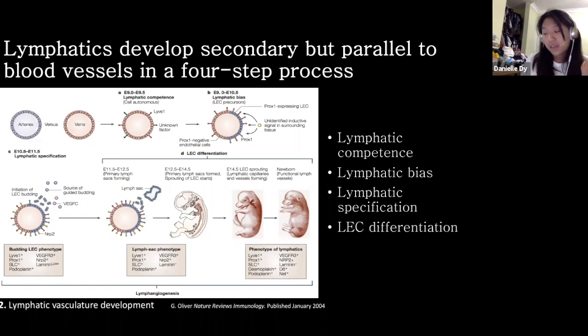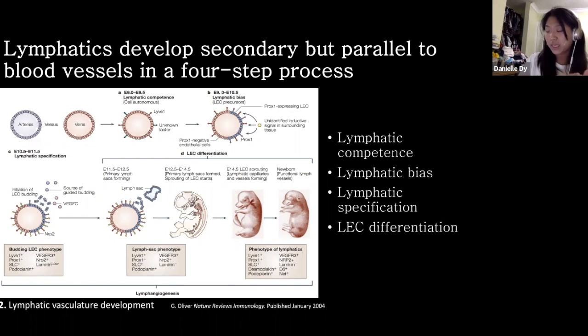And then lymphatic vasculature appears after the blood vasculature forms. So in that first step of lymphatic competence, these precursor cells are those venous endothelial cells. They're competent, or able to be receptive to lymphatic inducing signals.